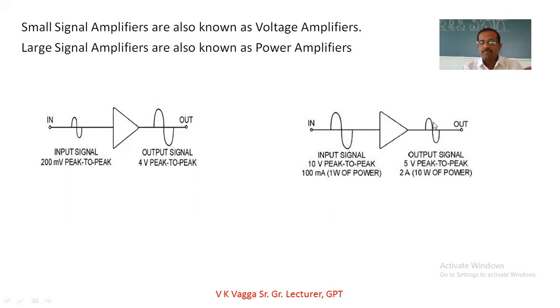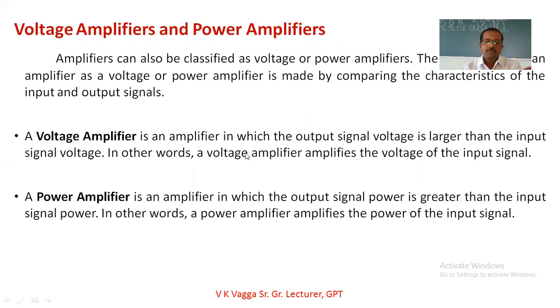And if the amplification is done in terms of the power, this is called the power amplifier. The voltage amplifier is called the small signal amplifier, and the power amplifier is called a large signal amplifier. Understood? You can see the definition here. Voltage amplifier amplifies the voltage.